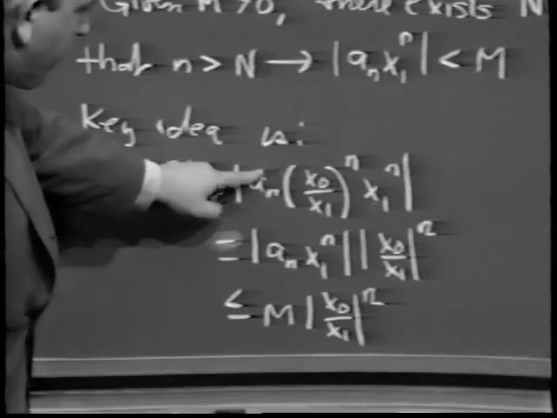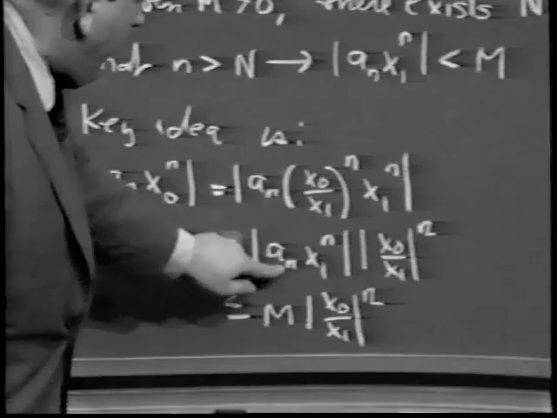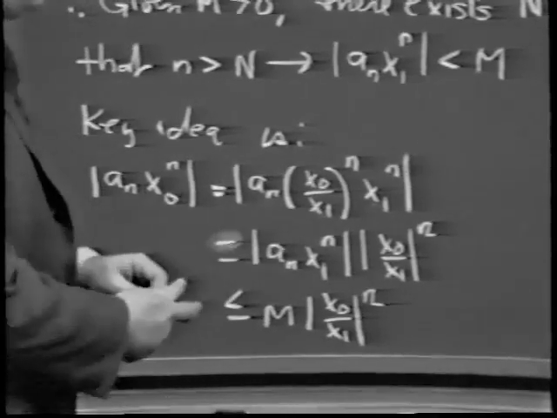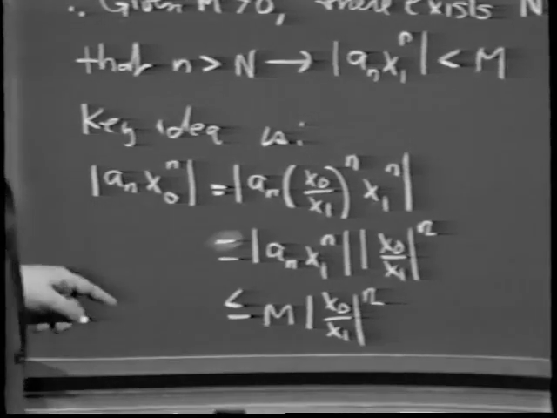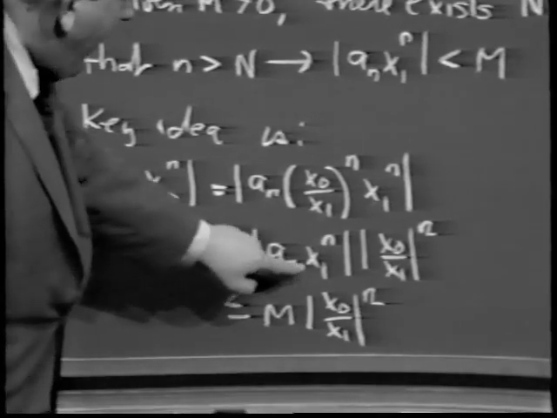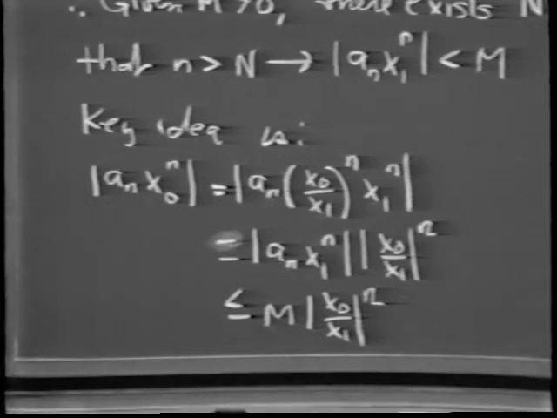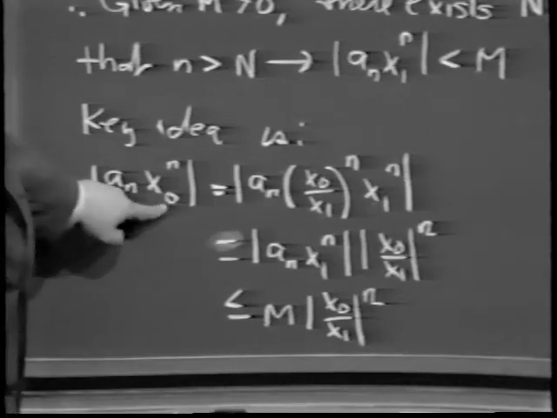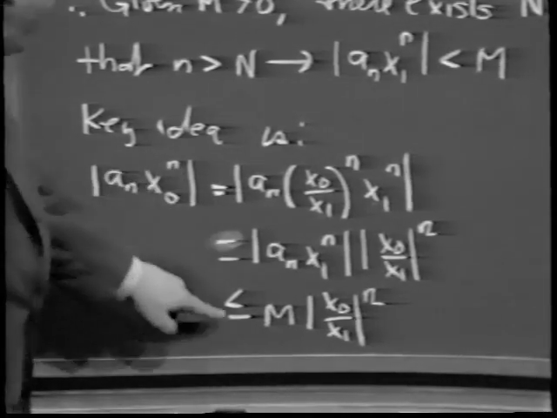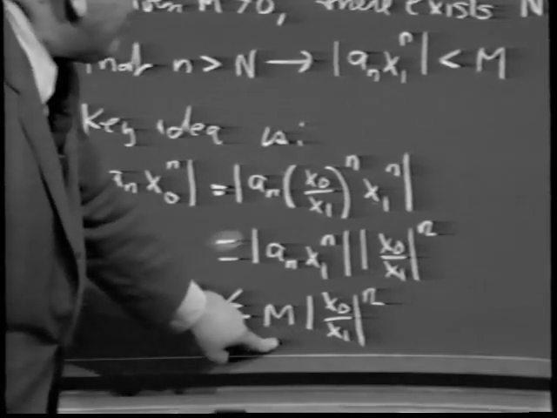The absolute value of a product is the product of the absolute values. Consequently, this is the absolute value of a_n x1^n times the absolute value of (x0 over x1)^n. And the key point is that the absolute value of a_n x1^n is less than M for n sufficiently large. In other words, for n sufficiently large, the magnitude of a_n x0^n is less than or equal to this expression here. But what is this expression?